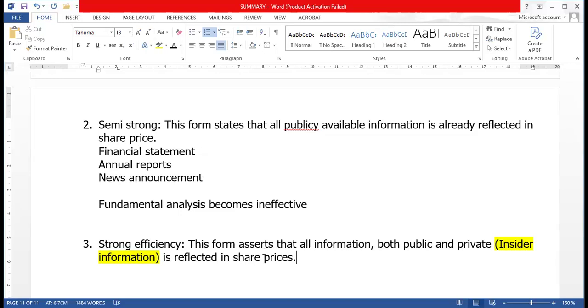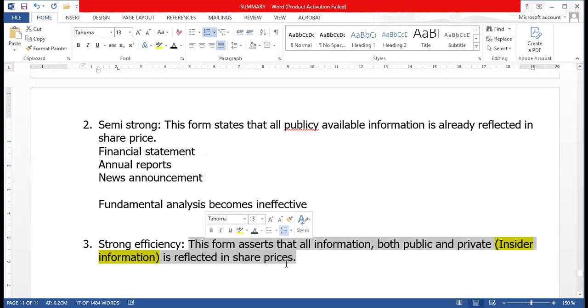So that's all here. Basically we are saying that you as an investor cannot outperform the market because of insider information that you have. It is hard for all of us as investors to know information that is not published, that is not available to the public. Sometimes it is hard.